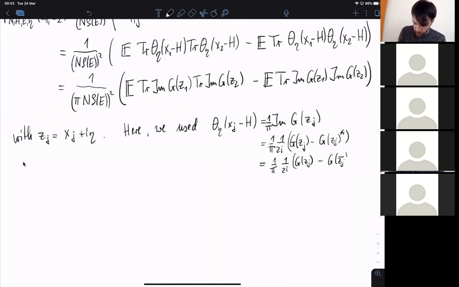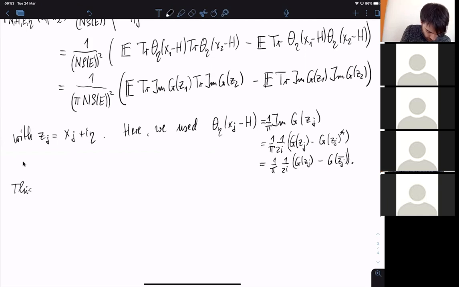So what we really have to understand is only entries of resolvents at spectral parameters which are not on the real line. Okay, and then yeah, maybe I should already remark this.